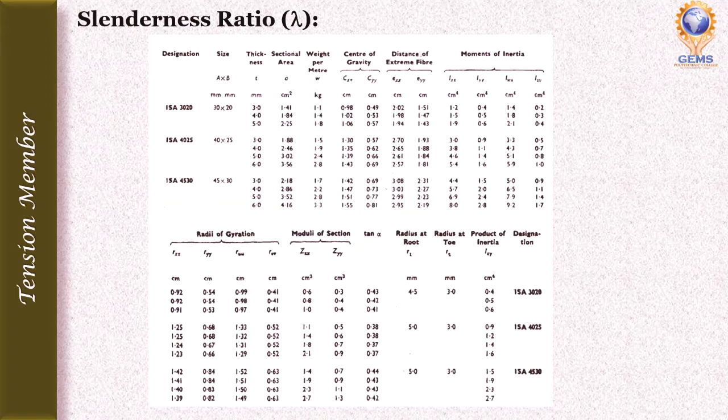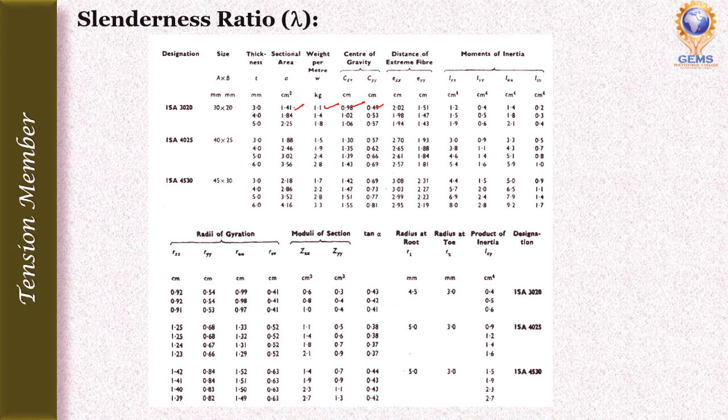This is the steel table. For this, ISA 3020 means it is an unequal angle. In this, many things are given: the thickness, the sectional area, weight per meter, where the center of gravity lies, and the moment of inertia. Then we have radii of gyration.